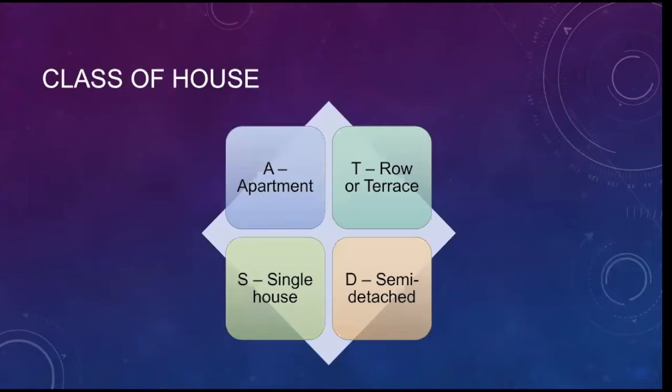And D was for semi-detached, which was classified as two separate and distinct dwellings with separate entrances under one roof, with partition walls running through it from cellar to attic and making each part a quote-unquote whole house.